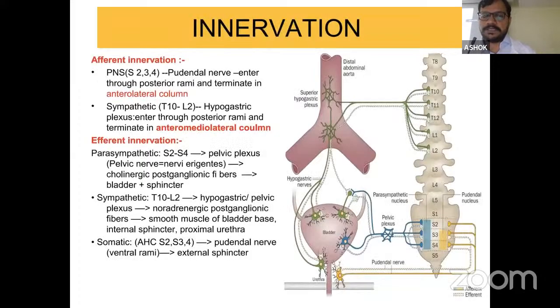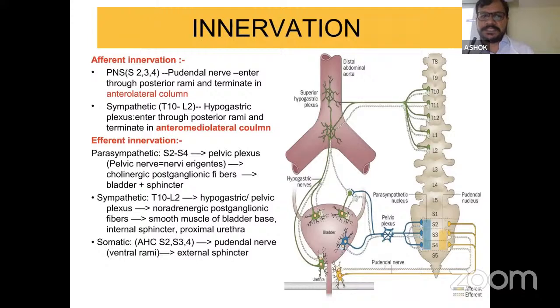Bladder innervation is afferent and efferent. In efferent, parasympathetic nerves S2, 3, 4 via the pudendal nerve enter through the posterior rami and terminate in the anterolateral column, and sympathetic chain T10 to L2 via the hypogastric plexus enter through the posterior rami and terminate in the anterior medial column.